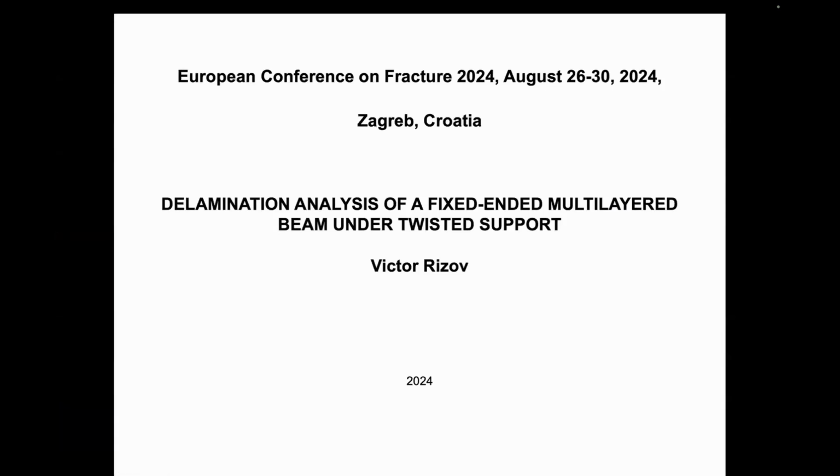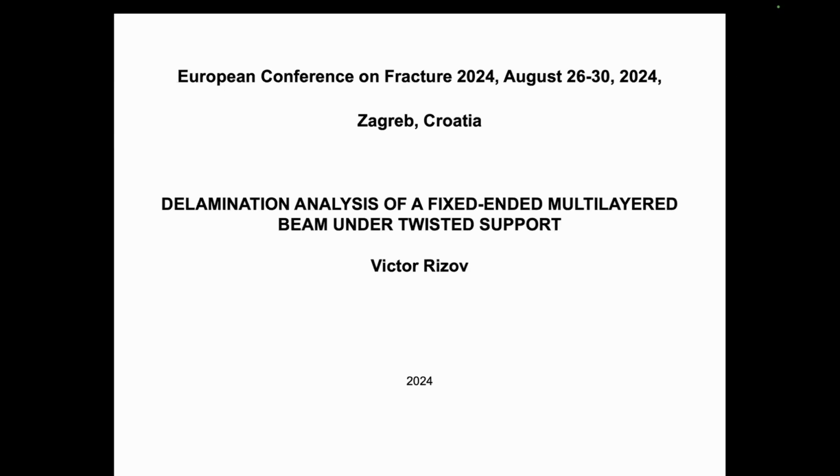The title of this paper is Delamination Analysis of a Fixed-Ended Multilayered Beam under Twisted Support. The application of multilayered materials and structures increases in various sectors of engineering.